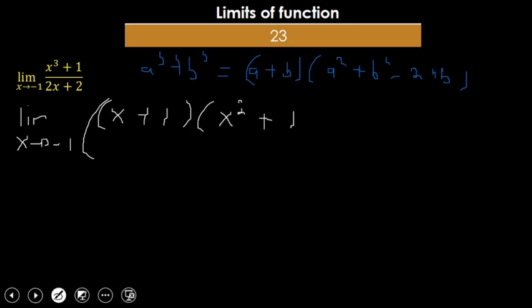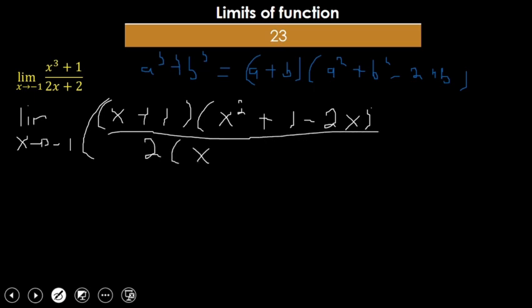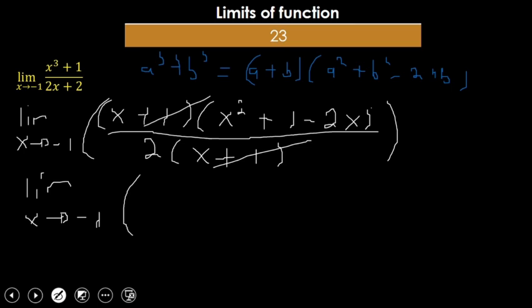x square plus 1 minus 2x all over 2 into x plus 1. This and this will cancel out. We are going to be left with the limit as x tends to minus 1 of x square plus 1 minus 2x.